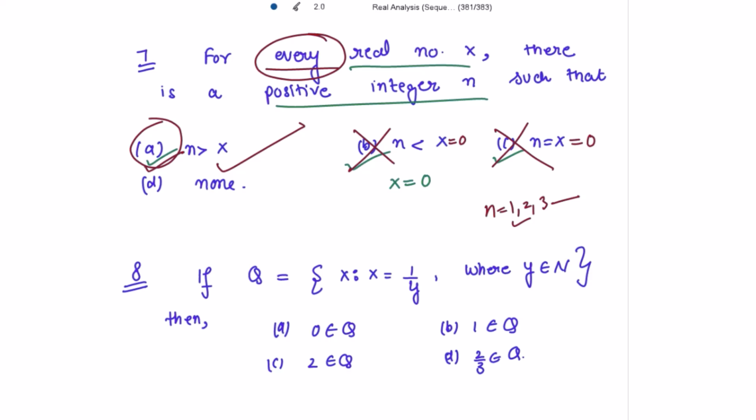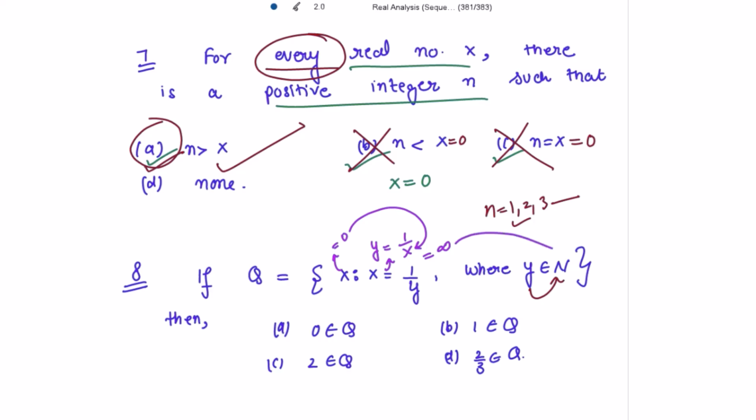Alright. If q is equal to x such that x equal to 1 by y, where y belongs to the natural numbers, please keep this in mind, then which option is correct? Let me write y equal to 1 divided by x from this. Option A, 0 belongs to q means we are taking x to be equal to 0. If I take x equal to 0 and put this value over here, I get infinity.